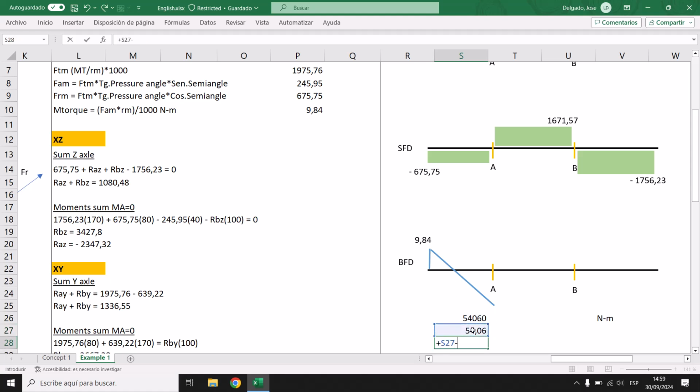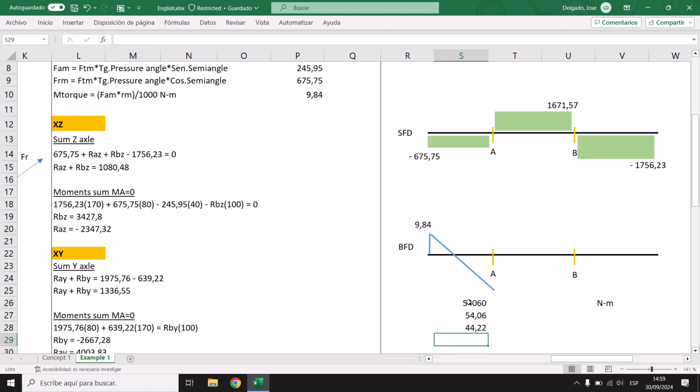Just subtract 9.84, and we get 44.22. Because we want meters, that's the reason why I just copy this and put 44.22.